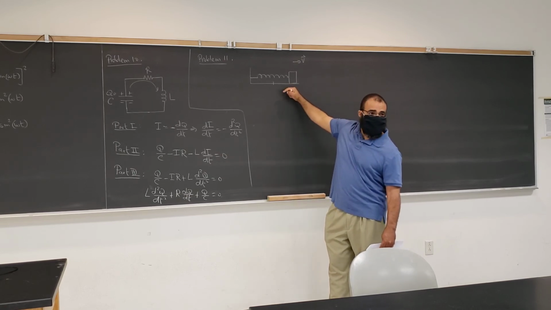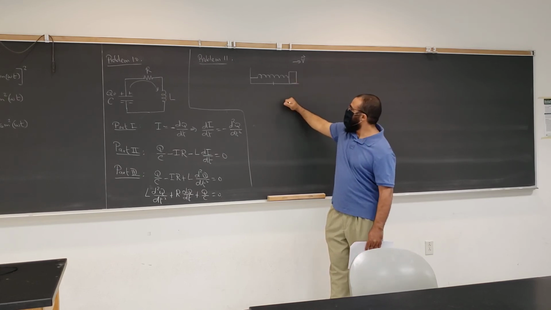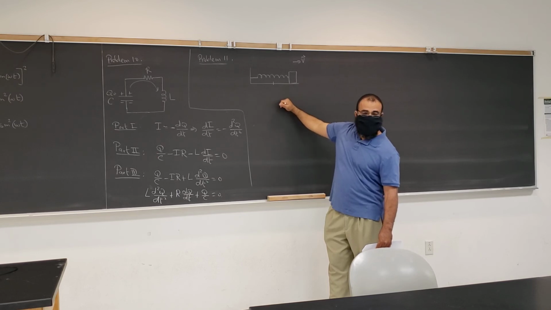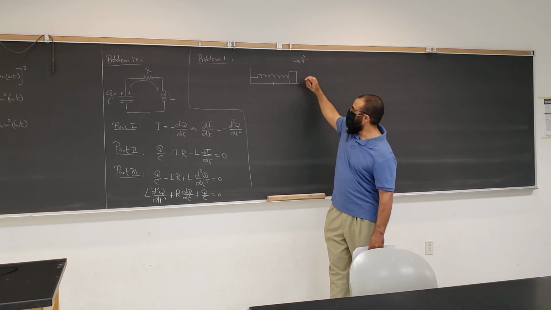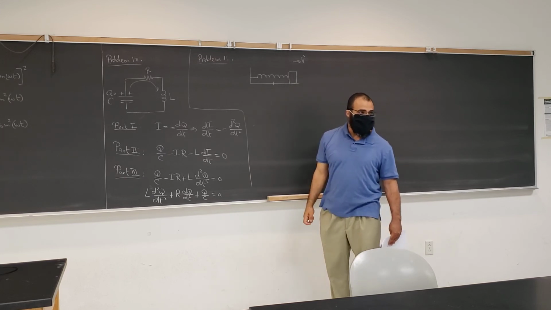Because friction, if you move right, what does it do? Opposite. And then the force of the spring is in what direction? Left. To the left also. And so let's say the force of the spring is negative, and the friction is negative to the left.